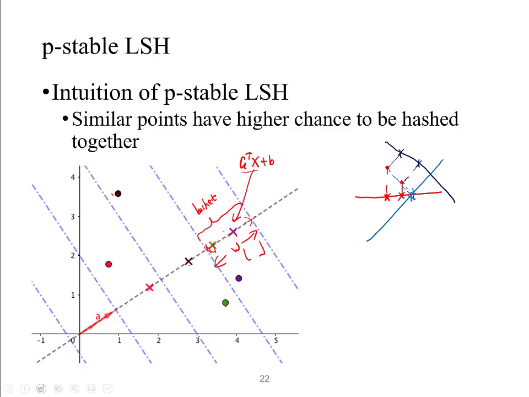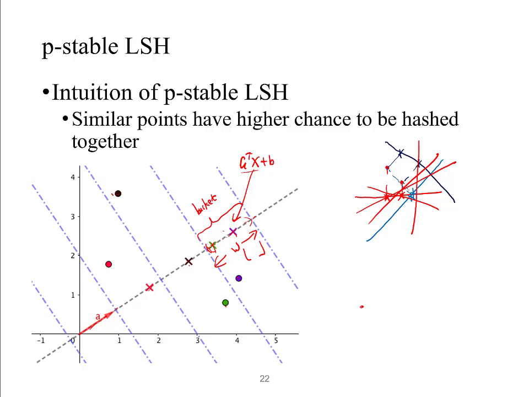And as you may also notice, if you try different A, the different projection vectors, in most cases, for example, like this or like this, their projections will not be far away from each other.